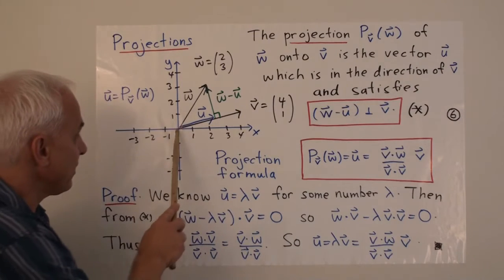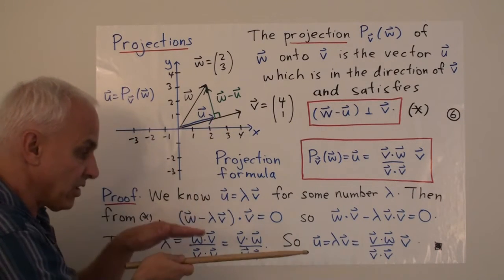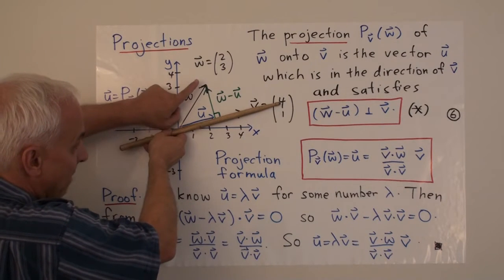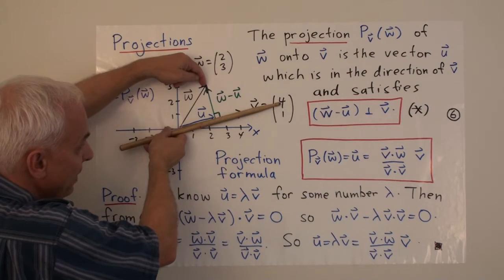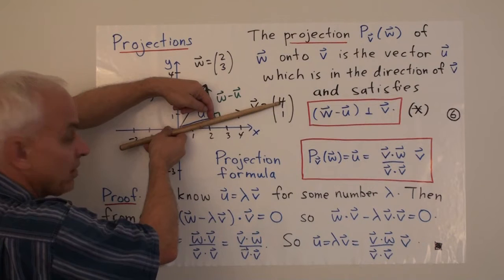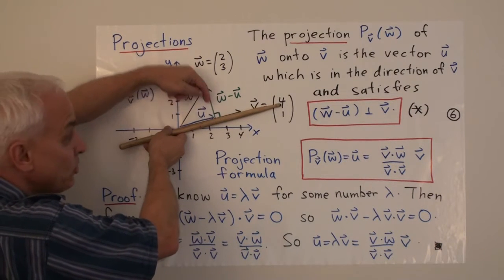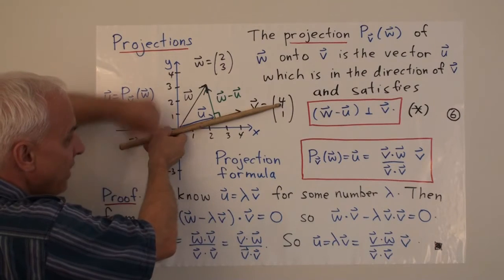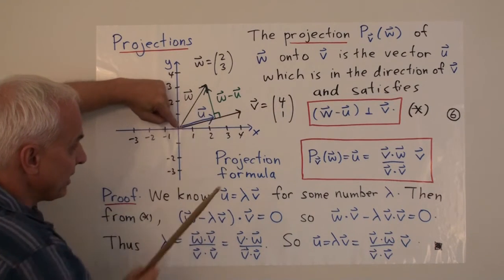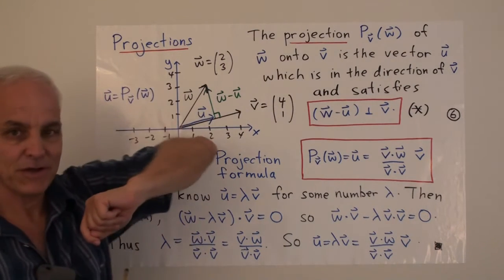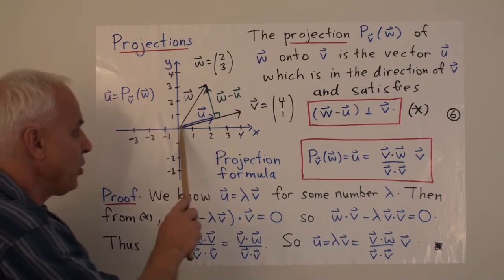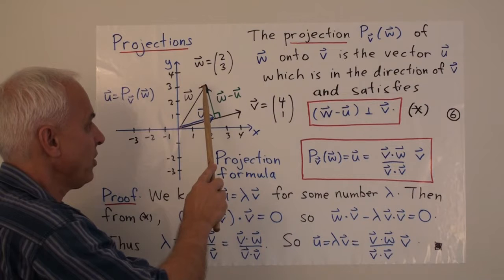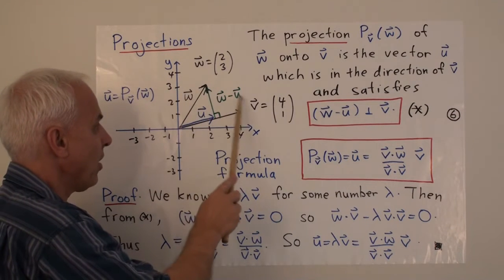We're taking this vector W and projecting it onto the vector V. So we're collapsing it down by moving this point perpendicularly down to this line through the vector V. And the vector that we obtain by doing that is this vector in blue here, the vector U. So the U here is the projection of W onto V.